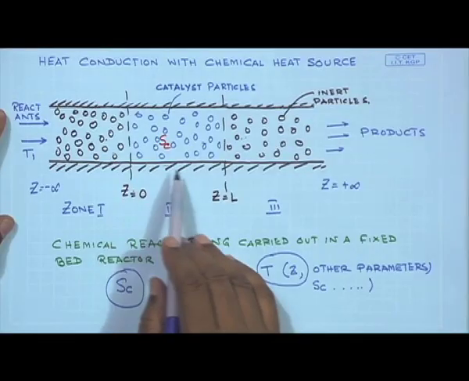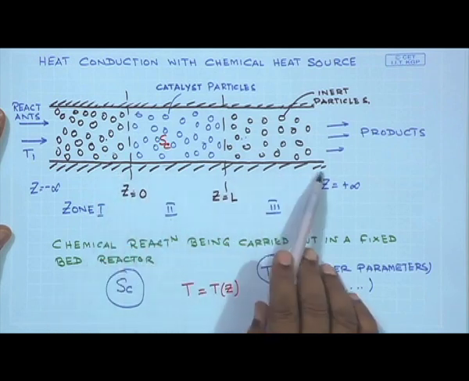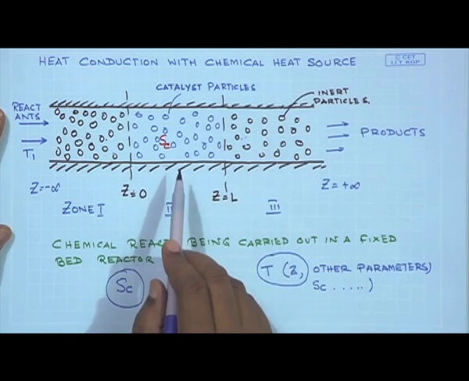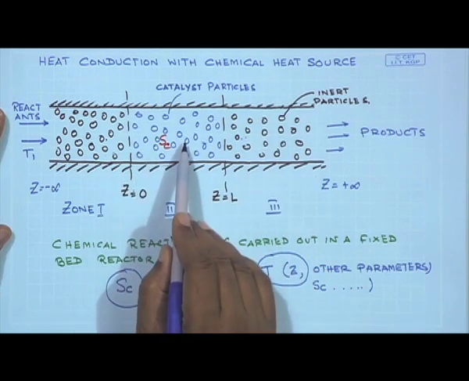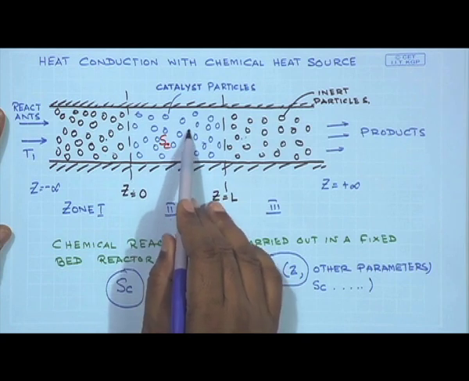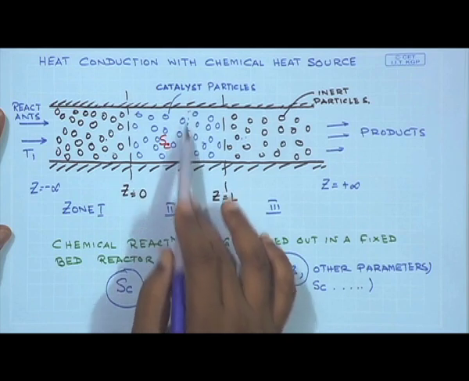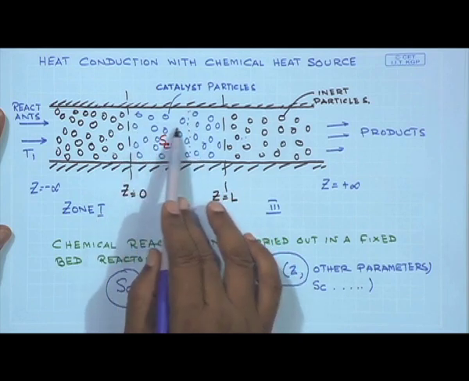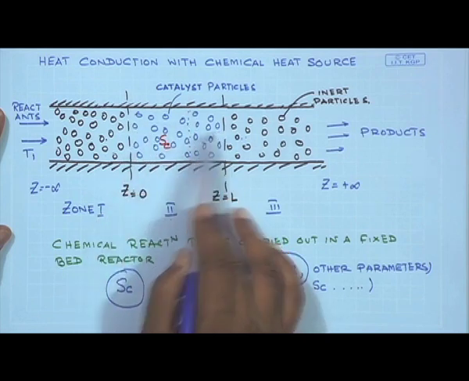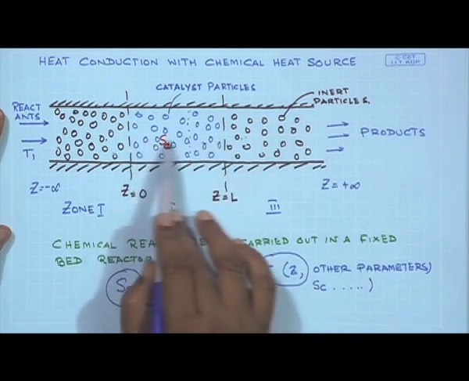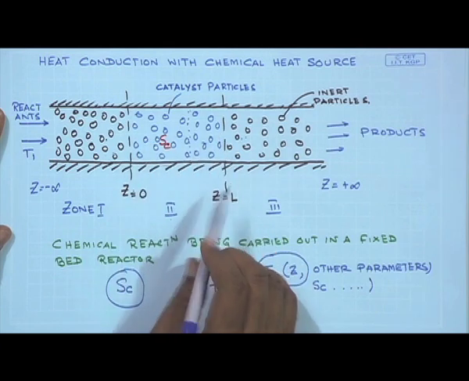So, when we look again at the diagram of the reactor, temperature at any point is not a function of its location with respect to the side walls, but of course temperature will vary axially as we move in the plus Z direction.